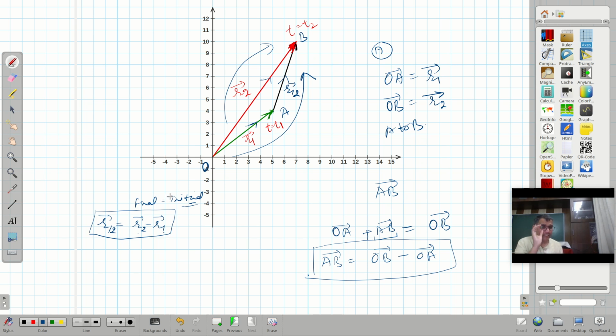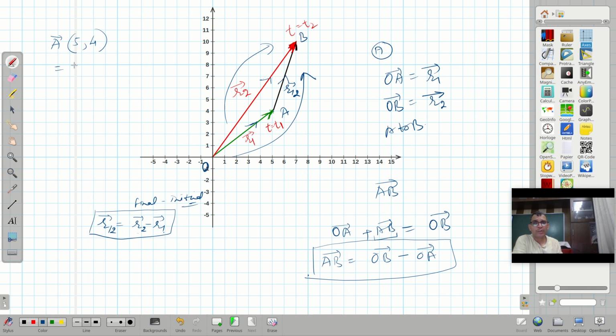Now let us express this in terms of their components, because along the x-axis and y-axis they are different. For example, if I look at this point, it is represented by 5 along x and 4 along y, so it is 5, 4.